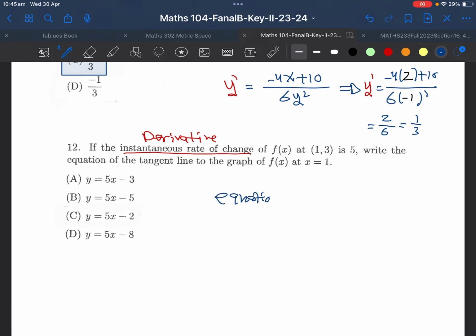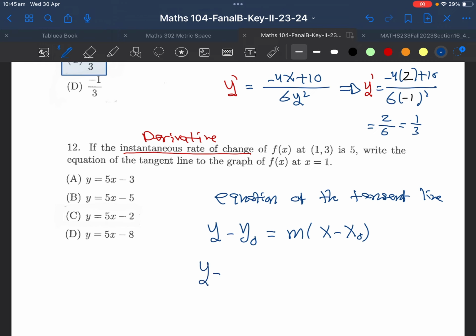Remember, the equation of the tangent line is y minus y0 equals the slope times x minus x0. Now, we know what y0 is, which is 3. This is y0, and of course, this would be x0.